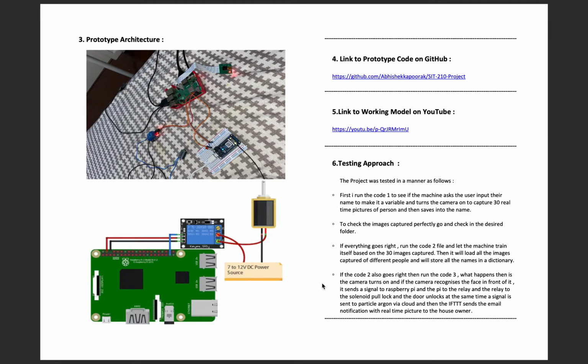The relay module sends a signal to the solenoid pull lock, and it unlocks the door, and at the same time the particle sends a signal to IFTTT, and via IFTTT the house owner gets an email that the door has been unlocked, with a real-time picture of that face, showing who has unlocked the door. So this was the working of my project.